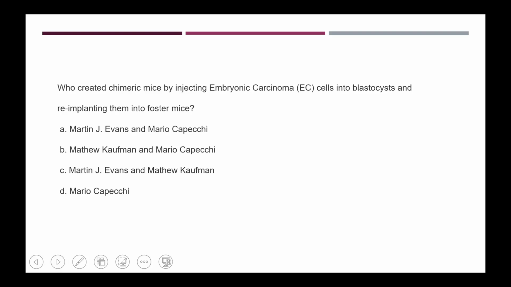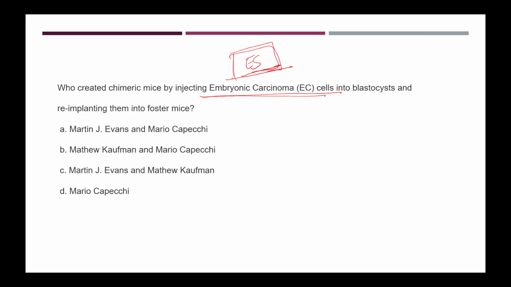Who created the chimeric mice by injecting embryonic carcinoma cells into blastocyst and reimplanting them into the foster mice? Anybody wants to answer? Yeah, so embryonic carcinoma cells into the blastocyst, so embryonic stem cells.